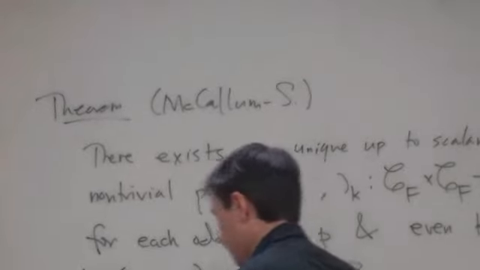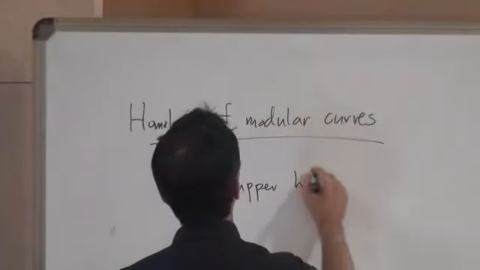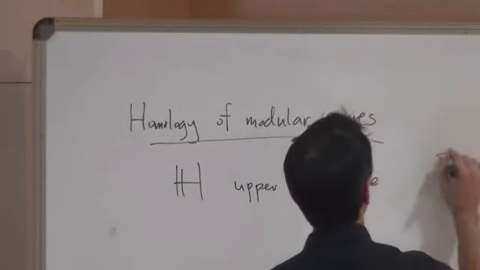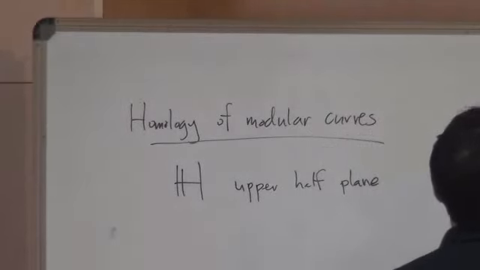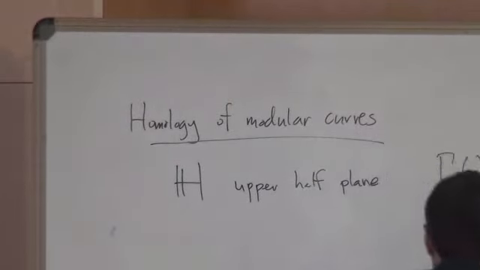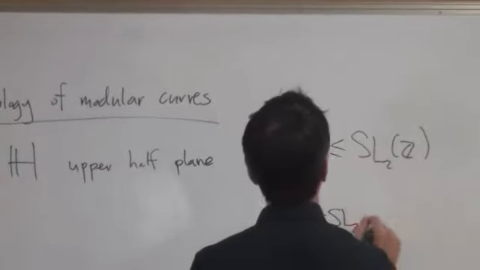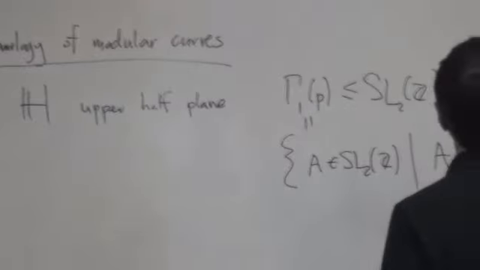That's right. Okay, so just to run quickly through some of the usual things. H is the upper half plane. And we have a congruence subgroup of SL2Z, gamma 1p. So this is the matrices A in SL2Z that mod p look like upper triangular unipotent.